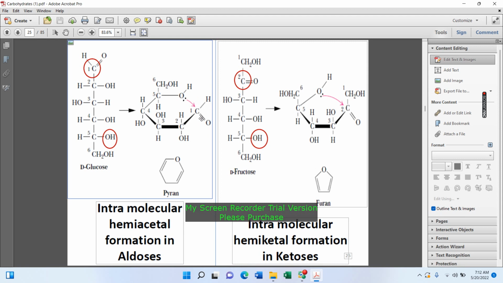The electrons of the double bond get dispersed on oxygen, and the oxygen gets a negative charge.